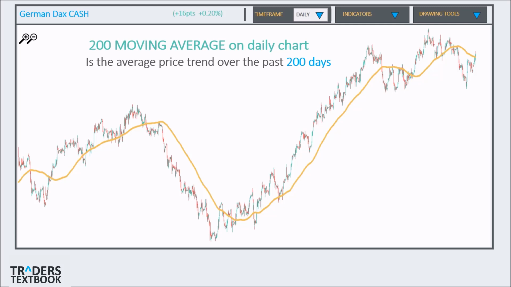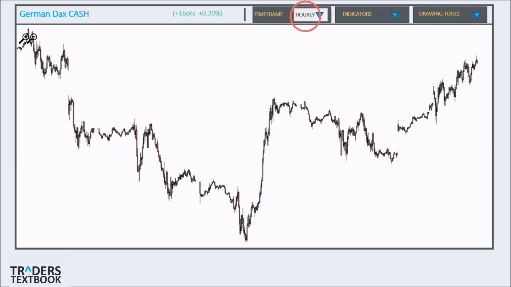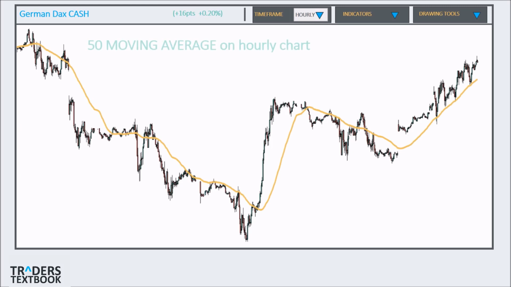And if we are looking at an hourly chart, and then use a 50-period moving average, it would represent the average price over the past 50 hours. Again, the number of periods can be anything, but the time frame of the chart dictates what the number of periods represents. Be it days, weeks, months, hours, or even 1-minute intervals.